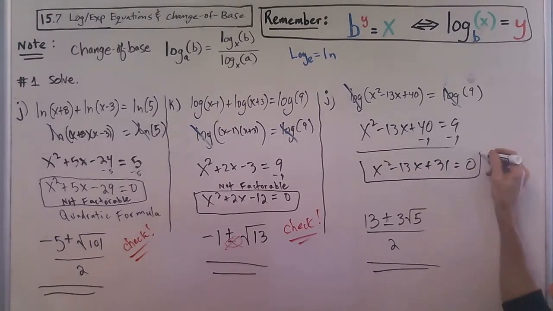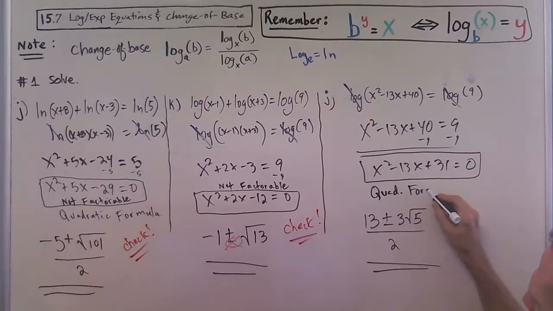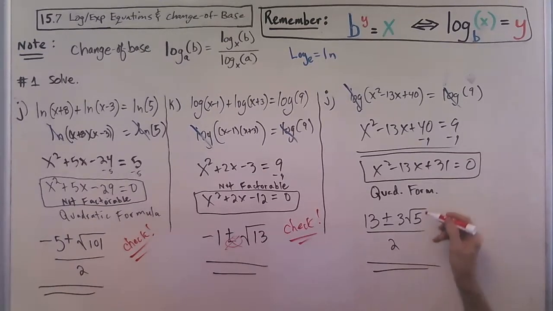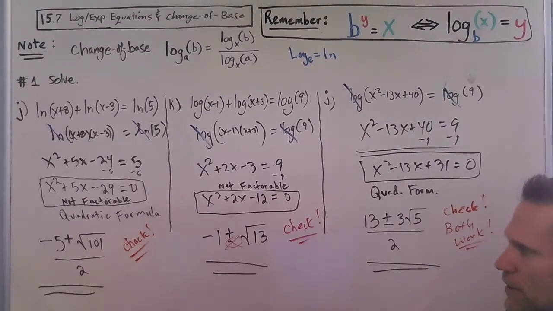And again, I have to go to the quadratic formula. And what I find is I do get two solutions this time. Check these and you'll find out that both work. So we actually get two solutions on this one. You can put them back into the original equation and see that they work.